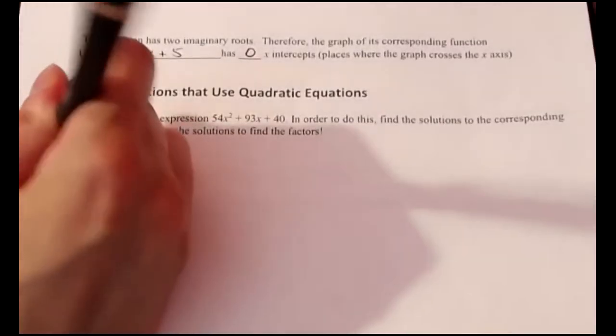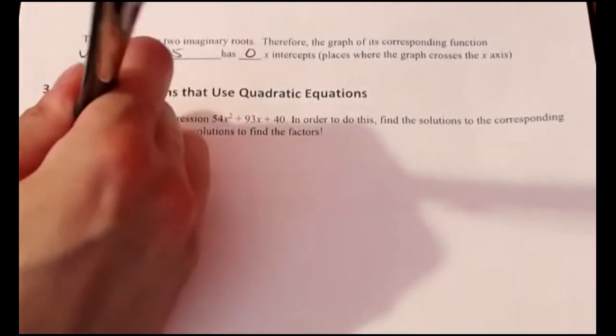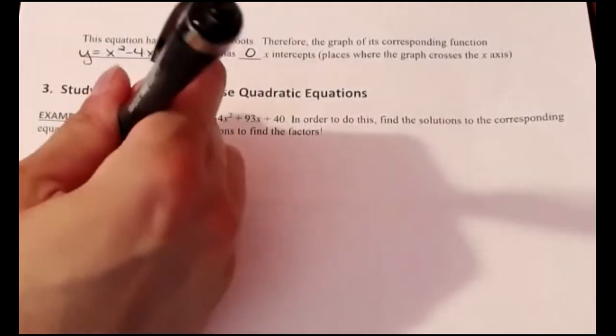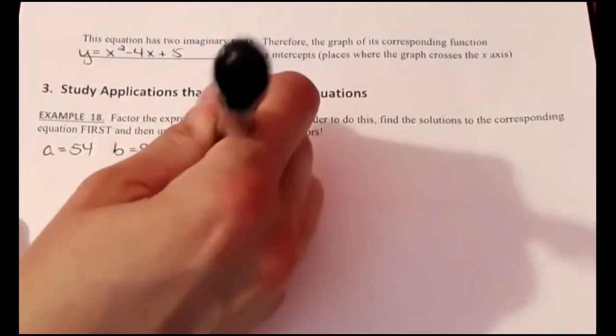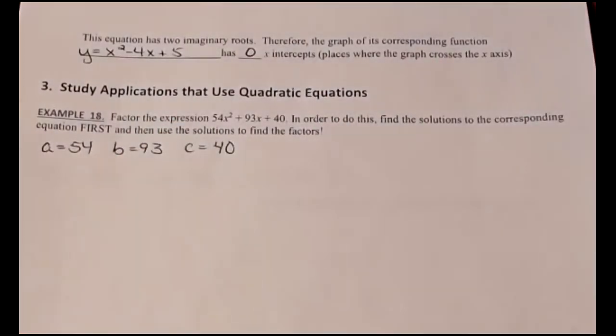So let's write down that a is equal to 54, b is 93, and c is 40. It's huge, right? So this is why it's going to be helpful to solve first and then write out the factored form based on the solutions.